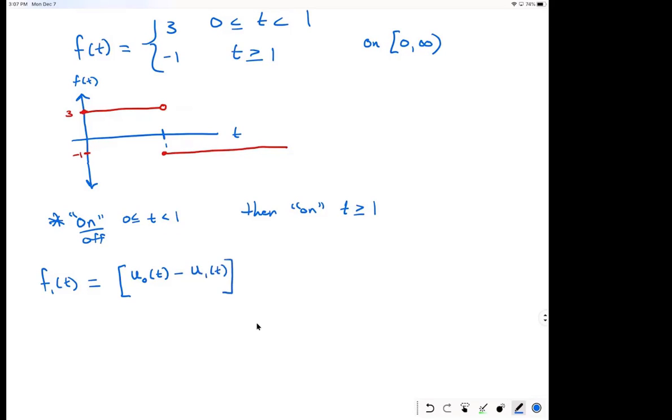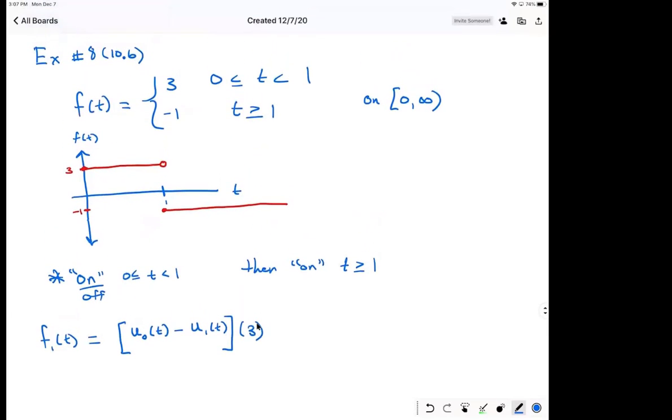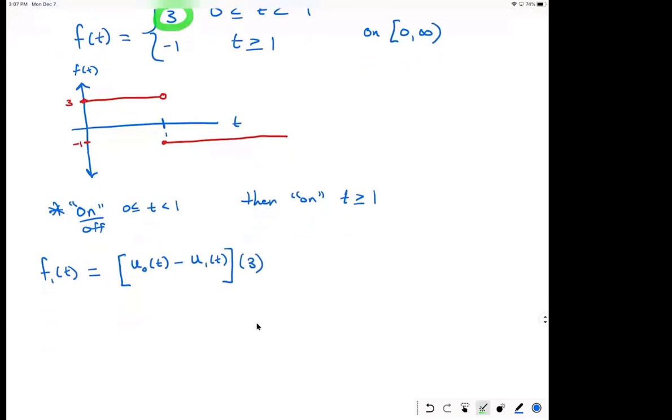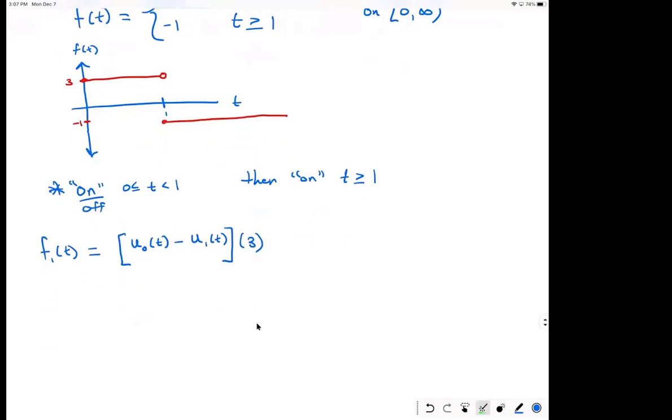So that's my on-off situation. And then I'm going to multiply that by 3. So remember, the Heaviside function is with a 1, but then I'm going to multiply that 1 by this 3. I need to make it a magnitude of 3.